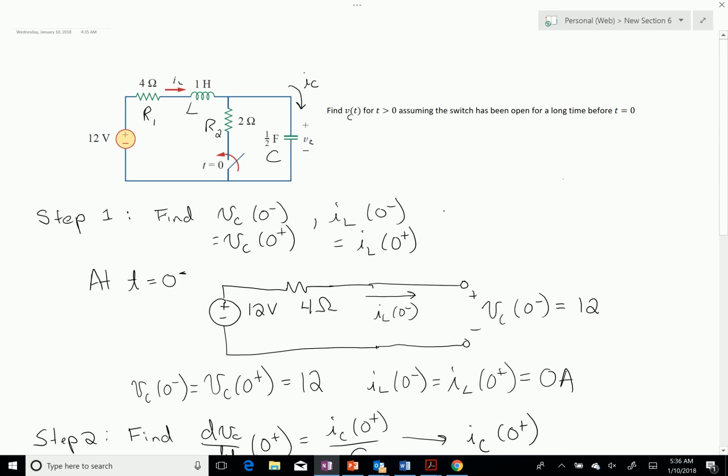If the inductor current has become constant, I know the voltage across it is 0, and if the capacitor voltage has become constant, I know that its current is 0. So if the current in the capacitor is 0, it's an open. If the voltage here is 0, it's a short.